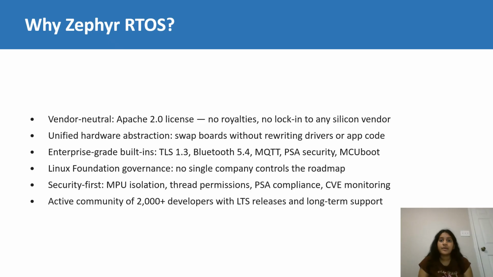Third, it comes with enterprise-grade built-ins out of the box, such as TLS 1.3, Bluetooth 5.0, and PSA security. With other RTOSs, you have to add all of these separately from different vendor SDKs. And critically, no single company controls Zephyr. It is governed by the Linux Foundation, which means the community drives the roadmap, not Amazon, not Microsoft, not any chip maker.